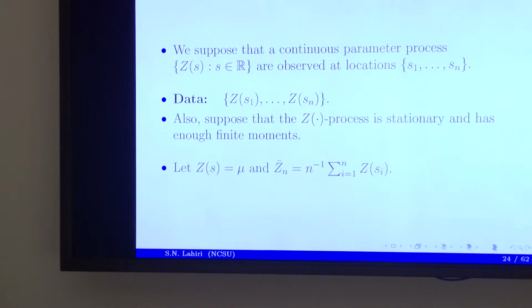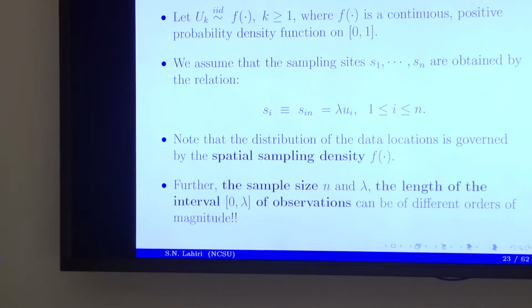Sure. So again, the last line saying that you are having intuitively like one observation every lambda time, right? This lambda times Ui is the spacing of the data generating process. That gives you the location. Spacing should be you look at the order statistic i plus 1 and i minus 1.